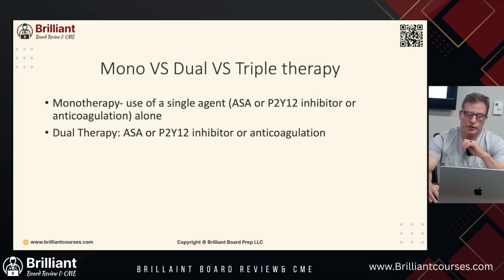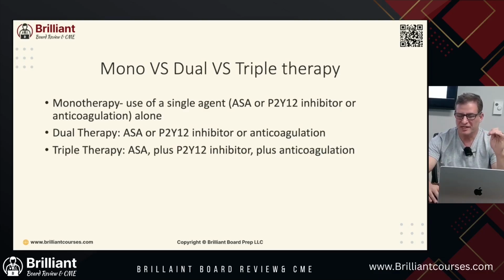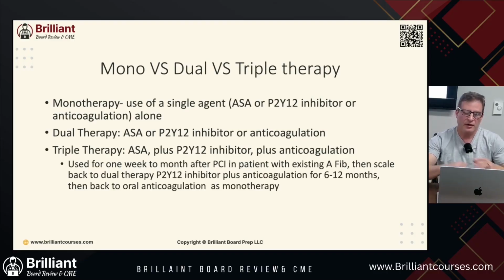Now, dual therapy is going to be two of ASA, a P2Y12 inhibitor, or anticoagulation. So we're just taking two of these. And then triple therapy is aspirin plus a P2Y12 inhibitor plus anticoagulation. You don't see much of this, and we'll talk about when it's used, because it has a high risk of bleeding.